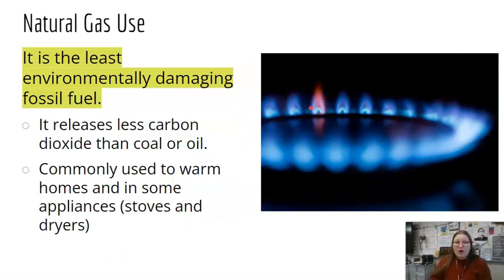A lot of water heaters, especially the older ones, the pilot light, it's natural gas. Furnaces, like what is warming the air coming out of the heaters in houses and buildings, mostly natural gas. So that is natural gas being burned in a home. So it has to burn cleaner than coal or oil because we're breathing that in.